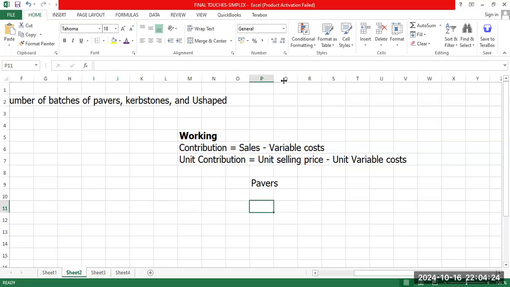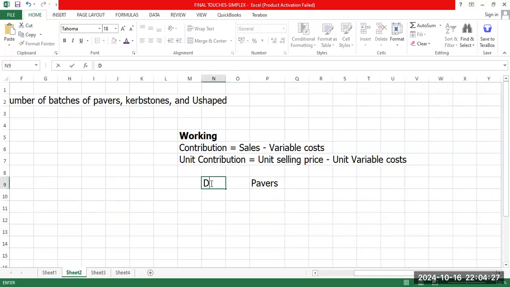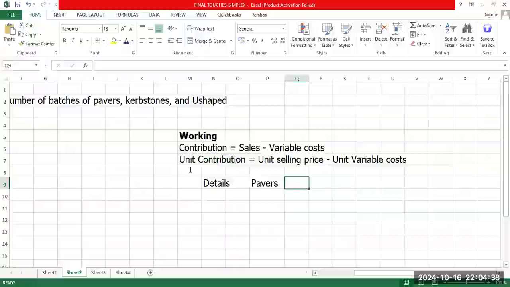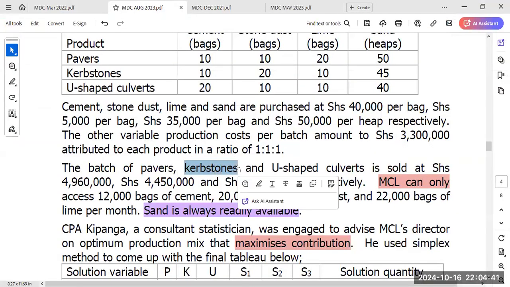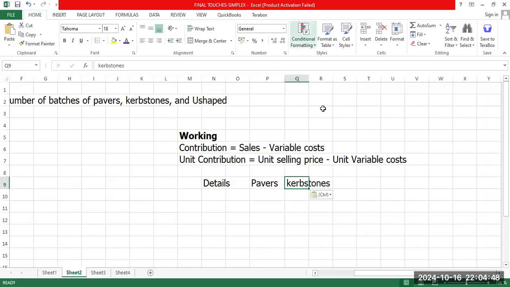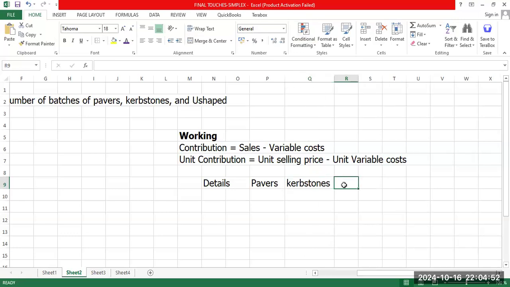Here you can put the first column, details: pavers, what else? Cobblestones, okay, then U-shaped culverts. I can put here cobblestones, then U-shaped culverts.